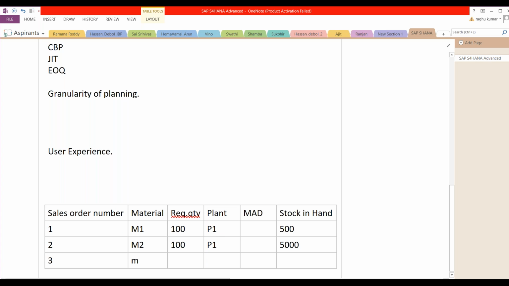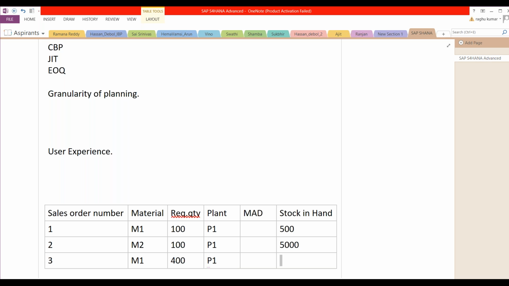Sale order 3 for the same material M1, quantity 400, on the same plant. Requested quantity. Okay, stock in hand. Now you can see there are two different materials with two different stock in hand situations, right?